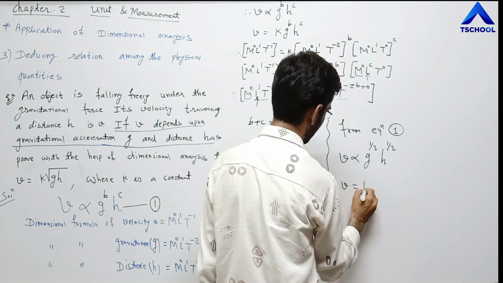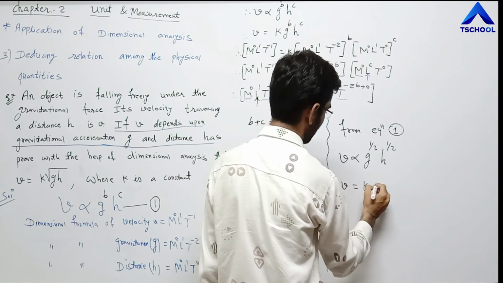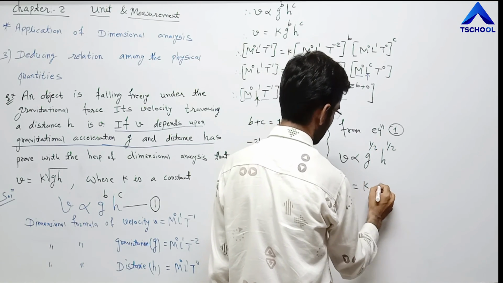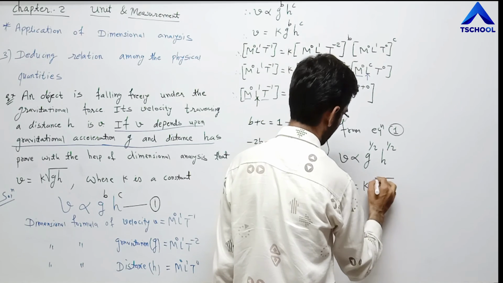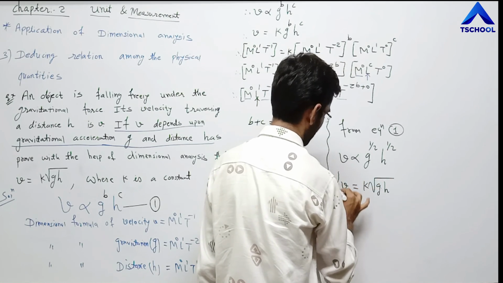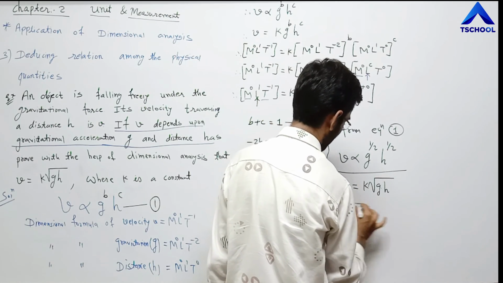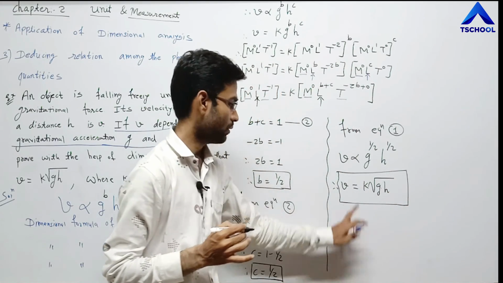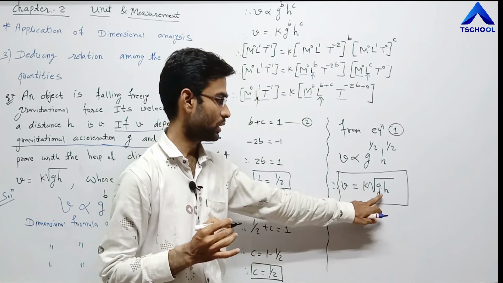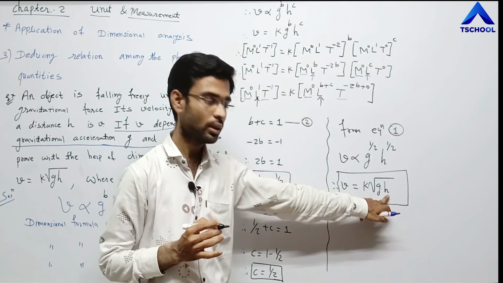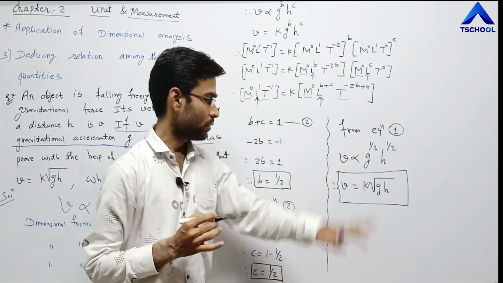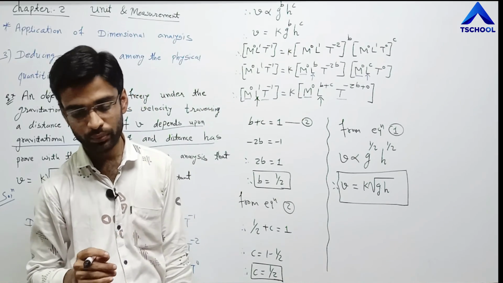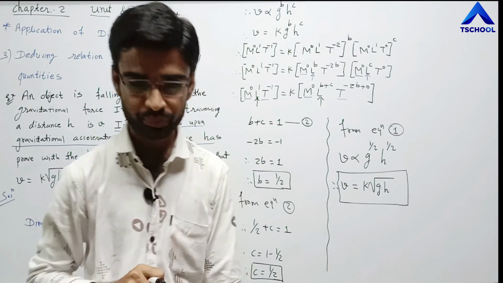Therefore v is equal to k, g power 1 by 2, h power 1 by 2, which means v is equal to k root of g into h. This is conversion from one physical quantity to another: v depends on gravitational acceleration and distance h. The value of k we will find in future.